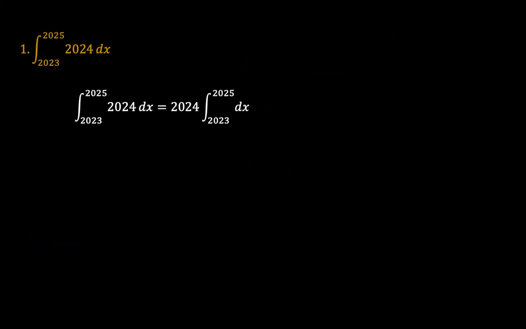So quickly jumping into problem number one, which is the definite integral from x equals 2023 to 2025 of a constant 2024. This is very simple. You could just pull out that constant and you're left with the integration of one with the limits remaining as they are. The result is x, evaluated with 2023 as the lower bound and 2025 as the upper bound.